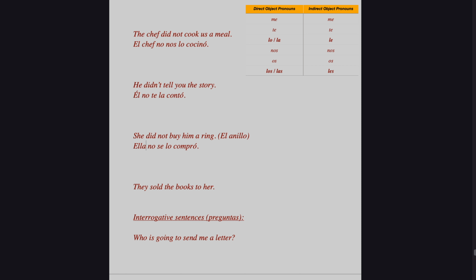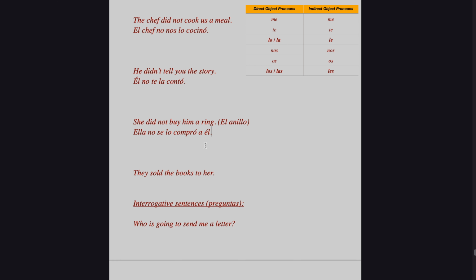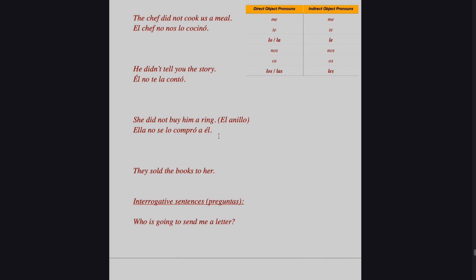"Ella no se lo compró." She did not buy it for him. Again, if it is not very clear to the reader or the person who understands this, then you can always put "a él" here. This is absolutely fine, even though it looks like a redundant thing for us.